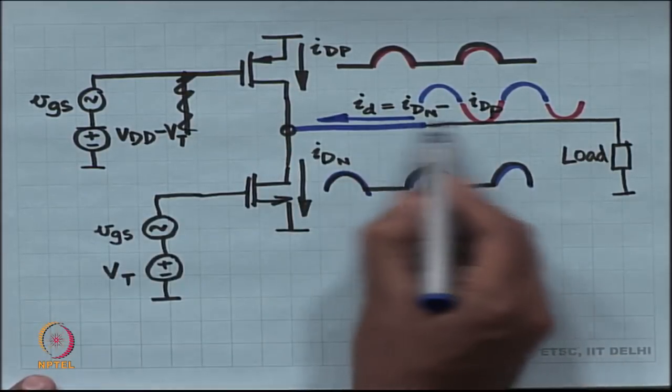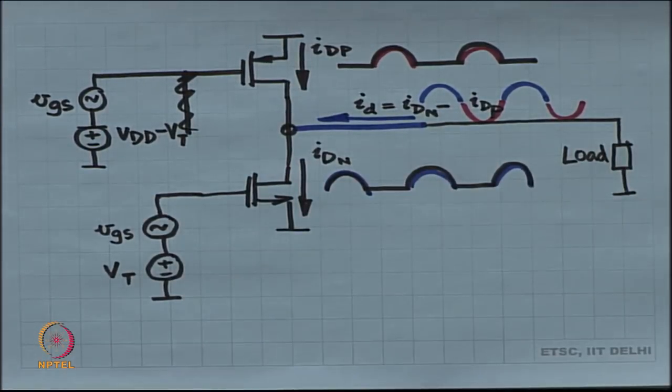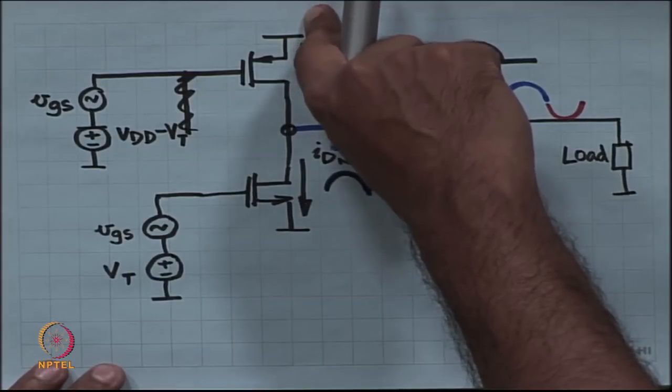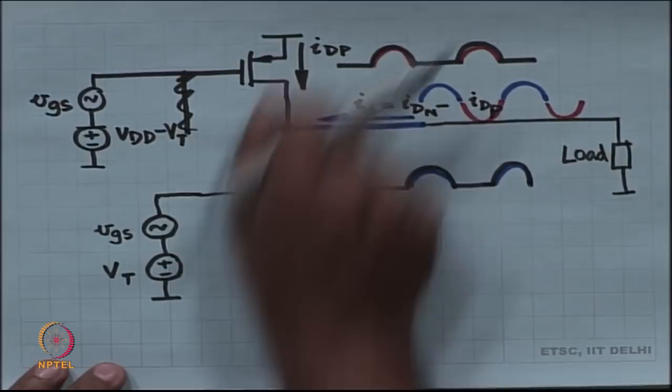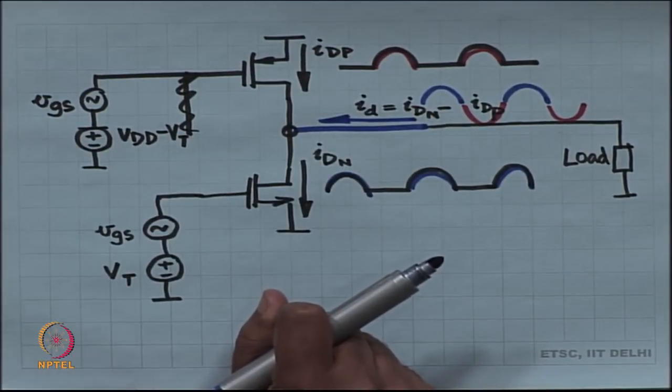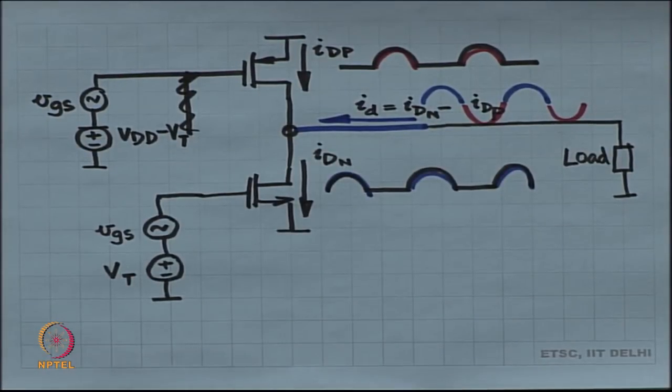The resulting current is coming through the load. So, one PMOS is pushing current into the load, the other NMOS is pulling current out of the load. So, this kind of strategy is called a push pull class B power amplifier.